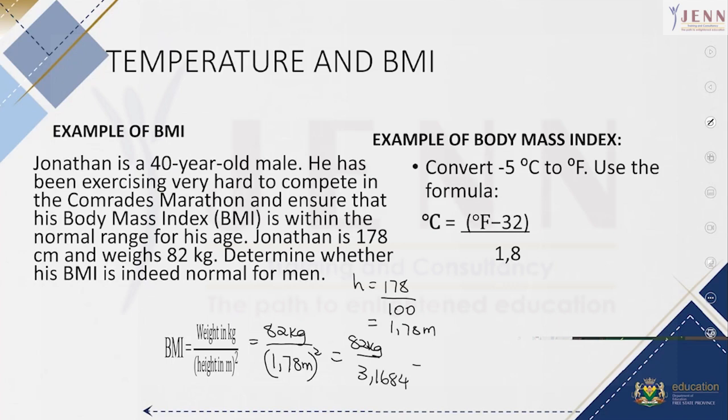1,78 squared is equal to 3,1684 meters squared. So the answer will be 82 divided by 3,1684, which gives us 25,88 kilograms per meter squared.